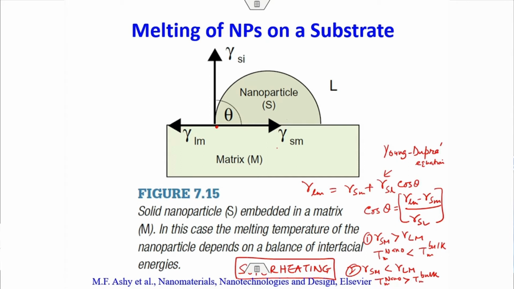Depending on that, the angle of wetting will depend on the balance of the surface energies or the interfacial energies between solid-liquid, solid-matrix, and liquid-matrix, and you know this relationship: cos theta is equal to gamma Lm minus gamma Sm by gamma SL. Then we can justify under what conditions temperature will go above the melting temperature or below the melting temperature, or otherwise you can have superheating or you can have depression of melting temperature.